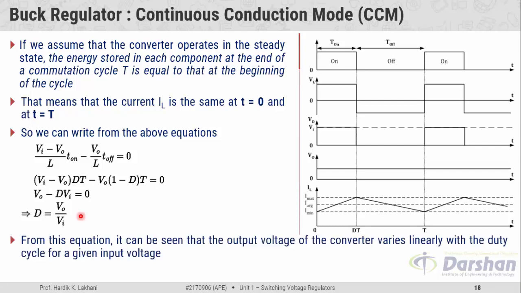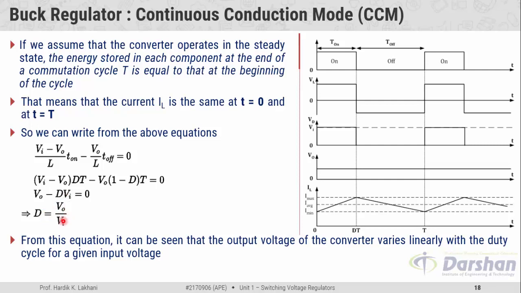From this equation, it can be seen that the output voltage of the converter varies linearly with the duty cycle for the given input voltage. As the duty cycle increases, the output voltage increases, and as the duty cycle decreases, the output voltage decreases.